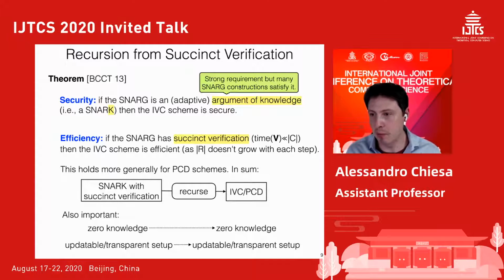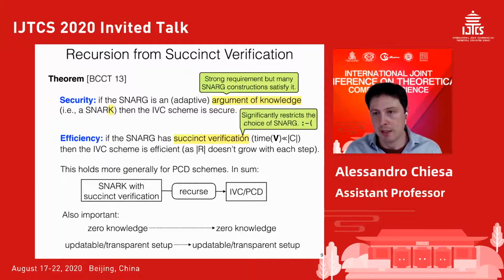It's mostly an important theoretical consideration, but most constructions we care about already, you need to work a little bit, but you can fulfill this property. The fact that we need to require the snark to have a succinct verifier actually severely restricts our choice of snark. There are some really nice snark constructions out there that have excellent properties, but they're just not succinct. And so we can use them for a number of things, but recursion as is doesn't seem to be one of them. So this is going to motivate the second part of the talk.